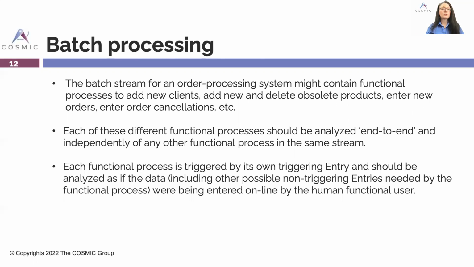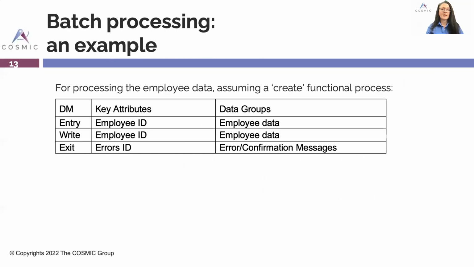Each functional process is triggered by its own triggering entry and should be analyzed as if the data, including other possible non-triggering entries needed by the functional process, were being entered online by the human functional user.